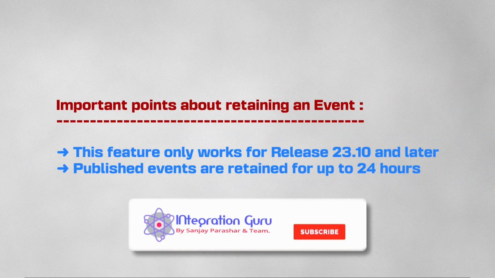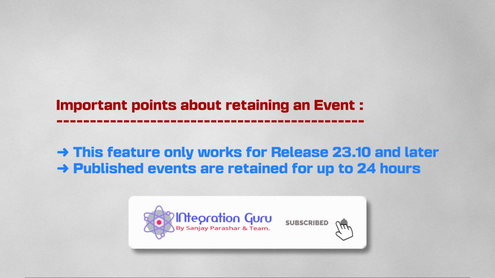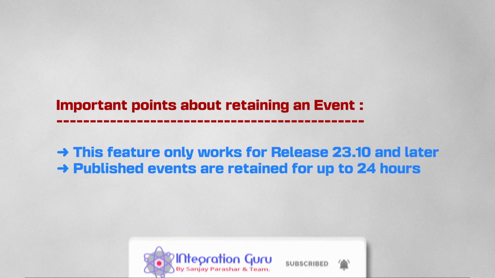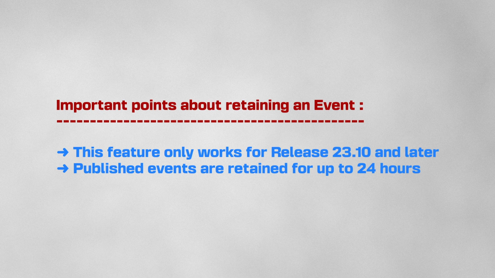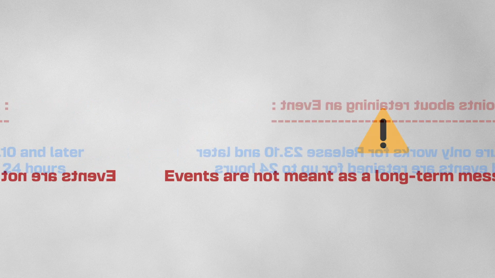A few important points to remember about retaining an event: this feature only works for release 23.10 and later. Published events are retained for up to 24 hours only. One disclaimer here: this feature provides limited durability, but it is not meant as a long-term messaging solution. OCI Streaming can be used if long-term retention is the goal.